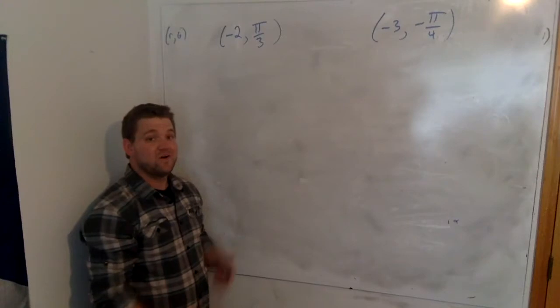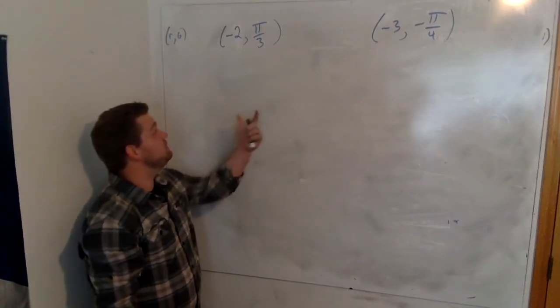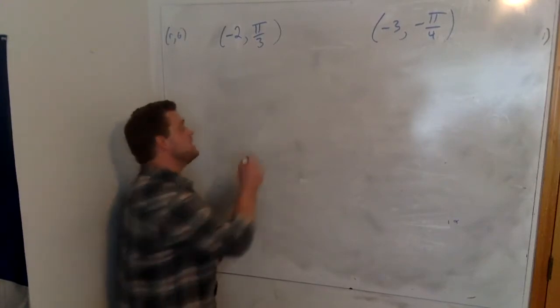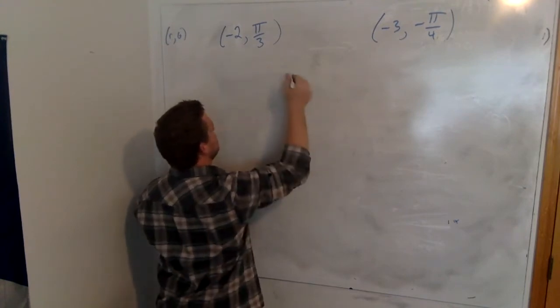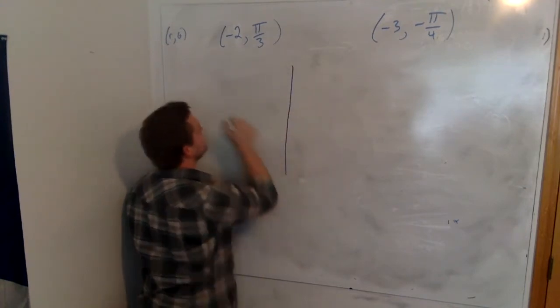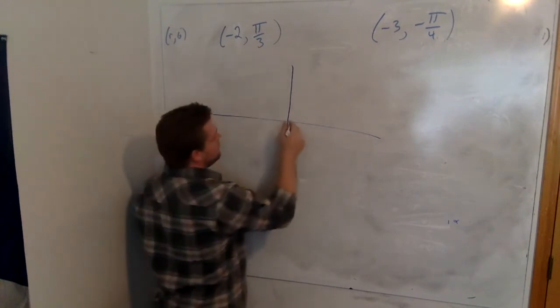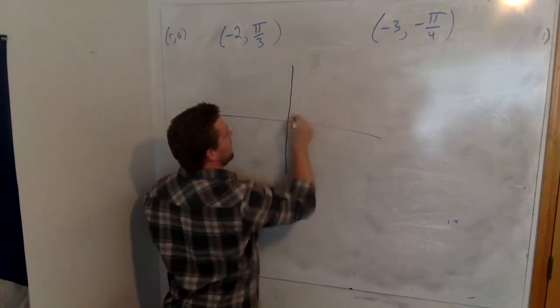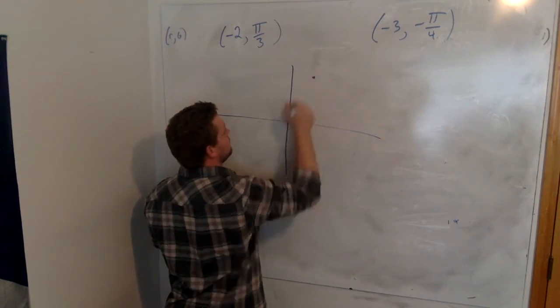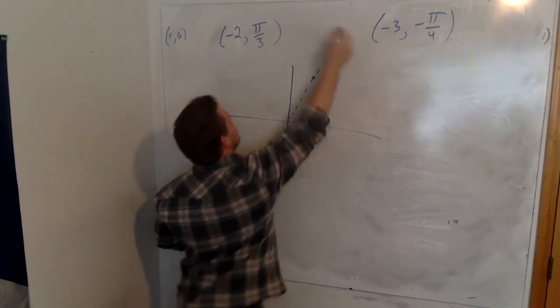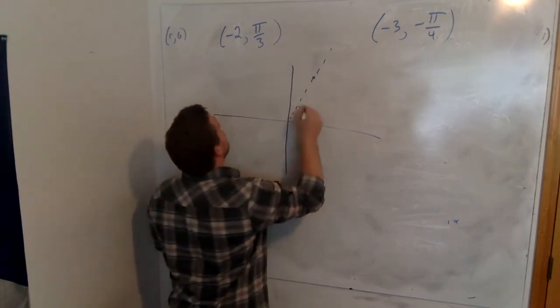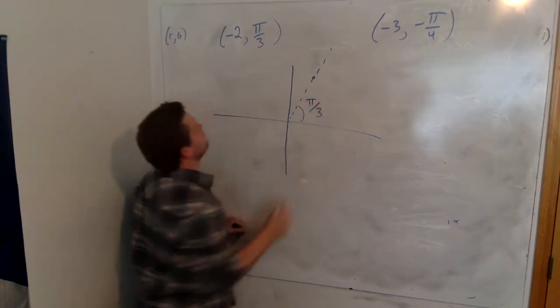Pretty cool. All right, let's go ahead and plot these 2 points here in polar coordinates to get a feel for how negative radiuses work. Okay, so if we are rotating an angle pi over 3, so here's pi over 4, so pi over 3, I don't know, roughly here. Okay, this is an angle of pi over 3.